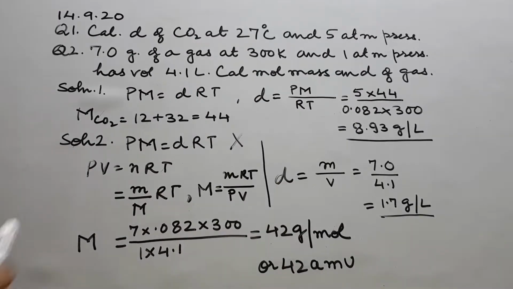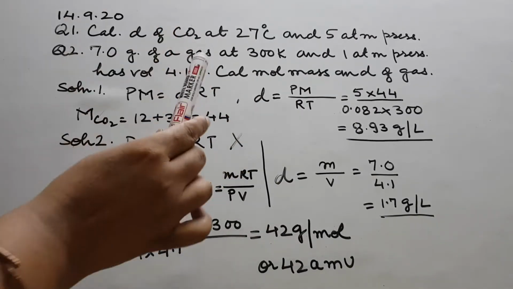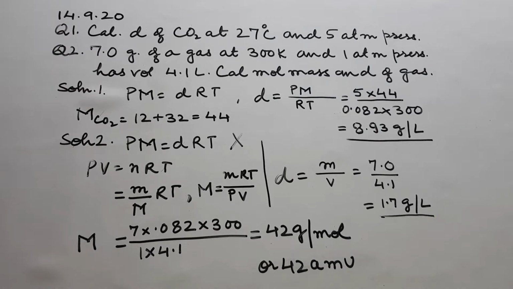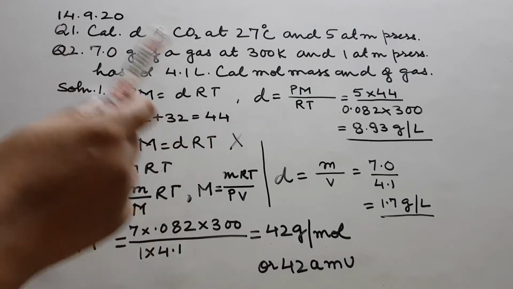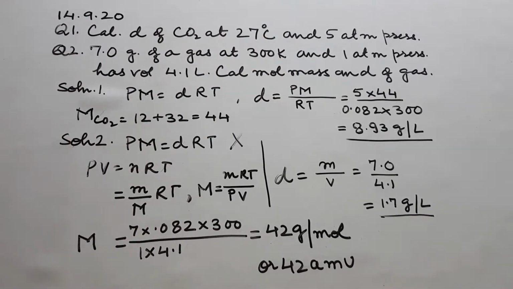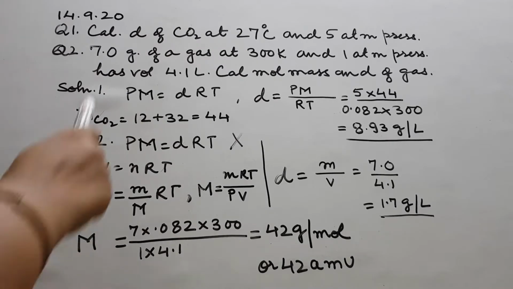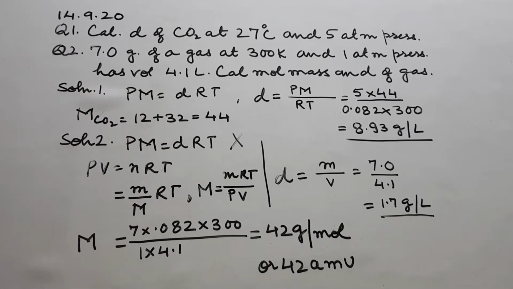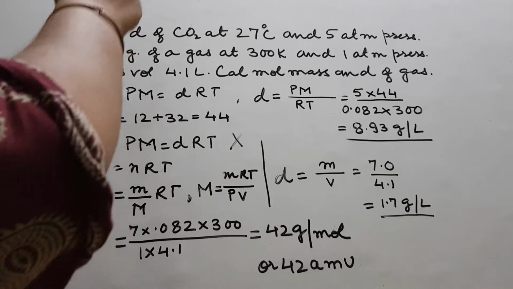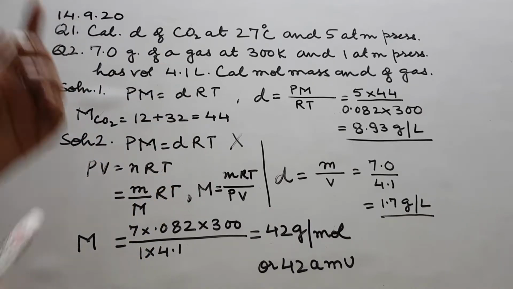Right? So, for density, we have learned only two formulas. Either D is equal to M by V, which is not applicable here. The other formula we know for density is PM is equal to dRT. When I was doing this question, I immediately wrote things down somewhere, children.